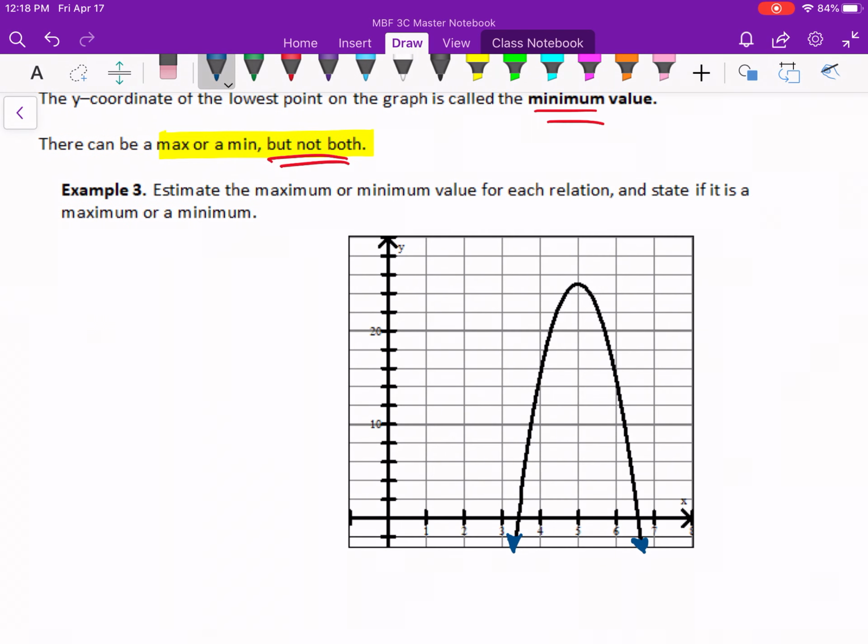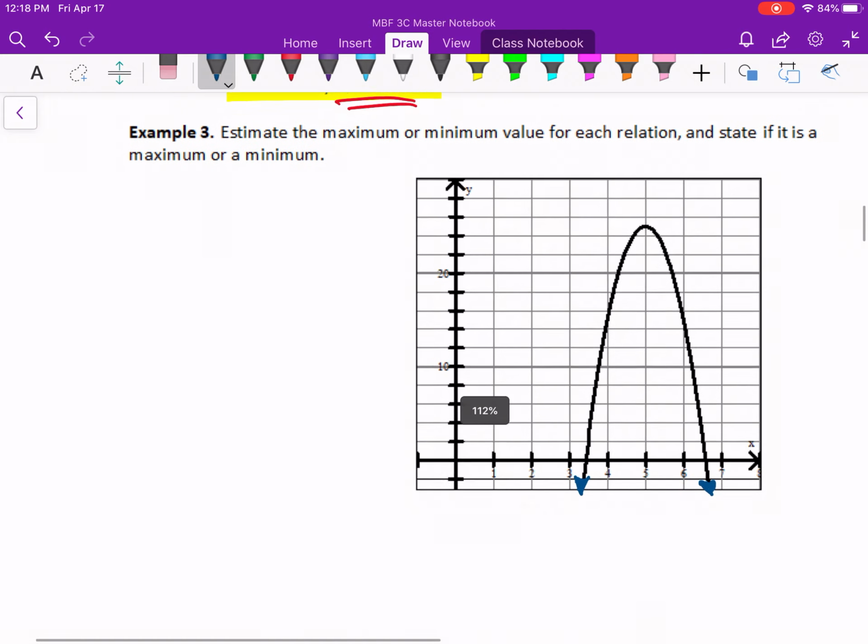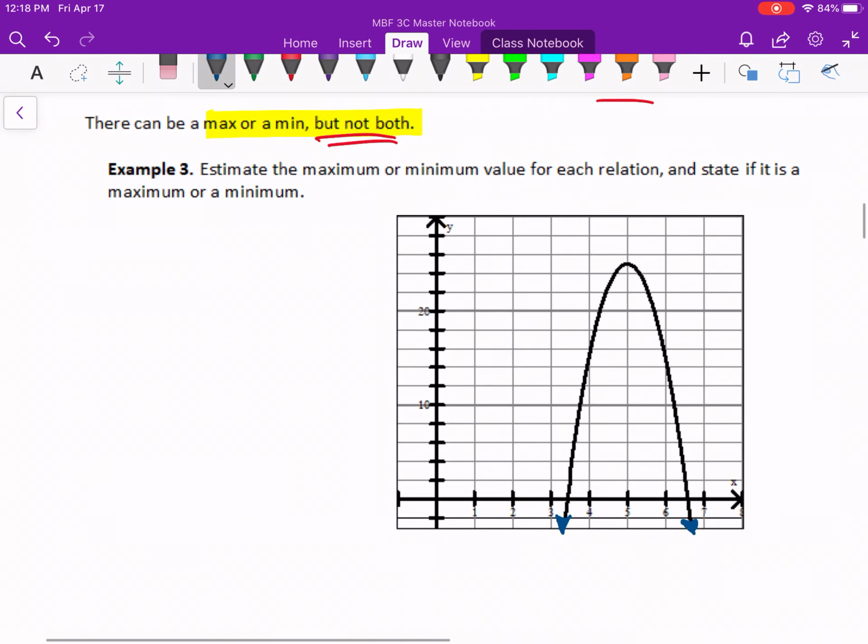Estimate the maximum or minimum value of each relation and state if it is a maximum or minimum. Okay, so remember it's the y-coordinate, and we just have to decide whether it's the highest or the lowest. So hopefully the highest or lowest part is easy. This is the point, and that would be the highest point, so this is a maximum. I'll just write max for short.